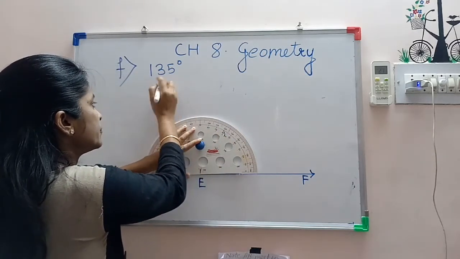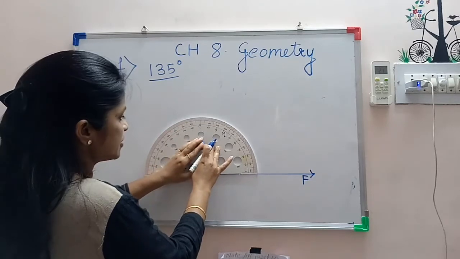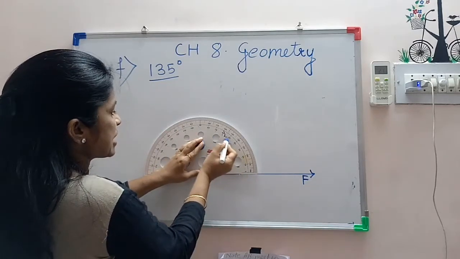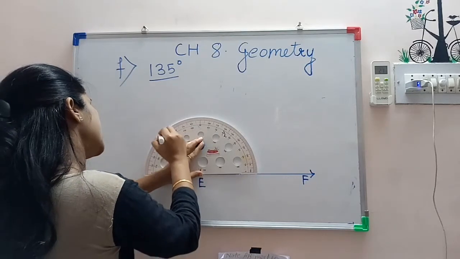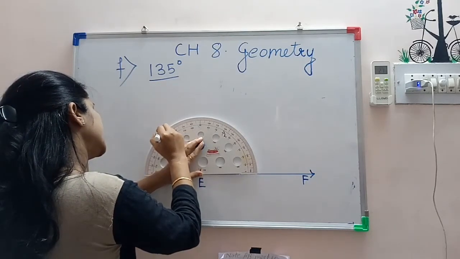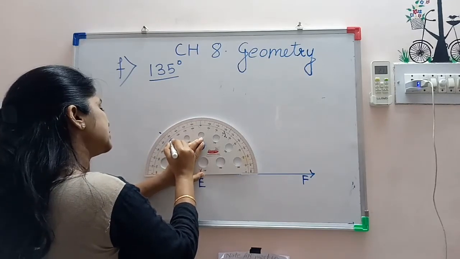Now we have to mark 135 degree. So we will see the inner scale and we will mark the 135 degree, which is in between 140 degree and 130 degree.